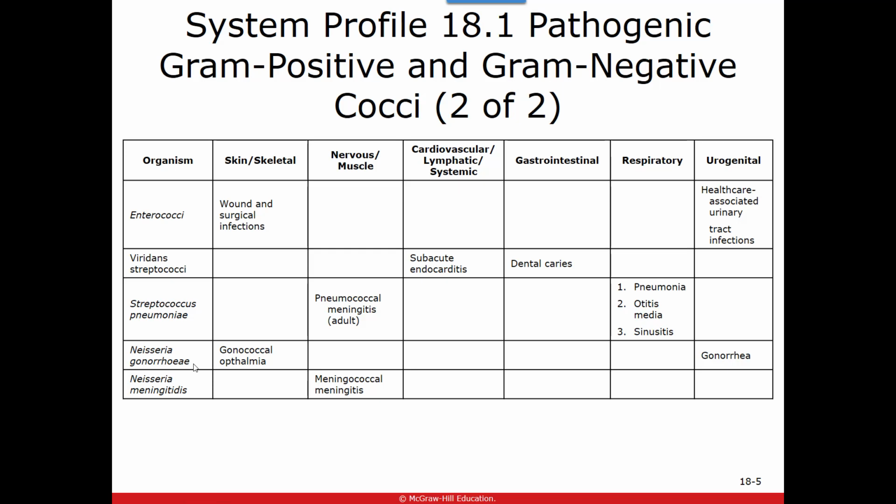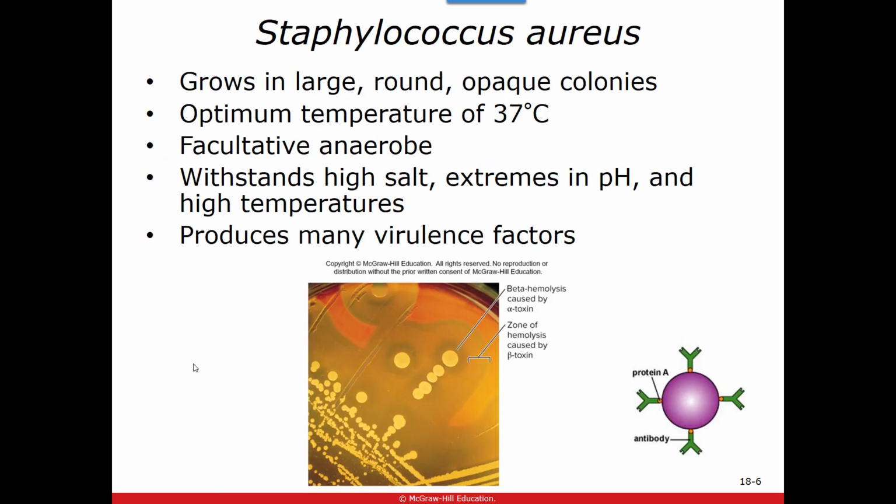that cause disease. So of the Staphylococcus bacteria, again 31 species, the one that causes the most issues for us is Staphylococcus aureus. When we grow it on a plate, it's nice, big, round, kind of cream-colored colonies. It grows best at body temperatures.